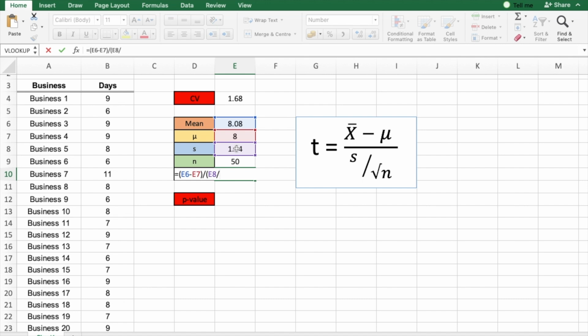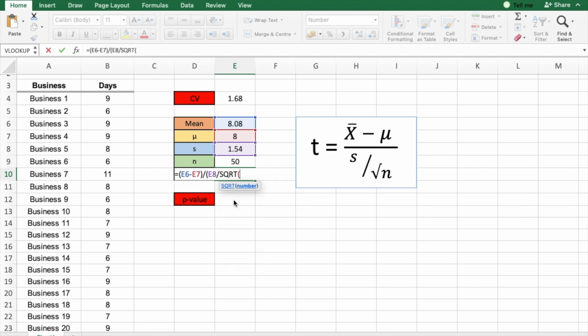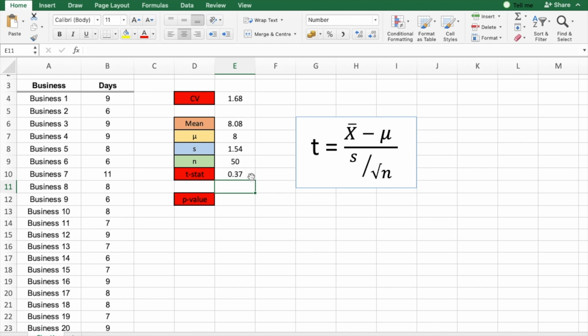The square root is SQRT. The sample size here is 50. You close this bracket and you close the entire bracket here. When you click enter, you already get your T statistic value.